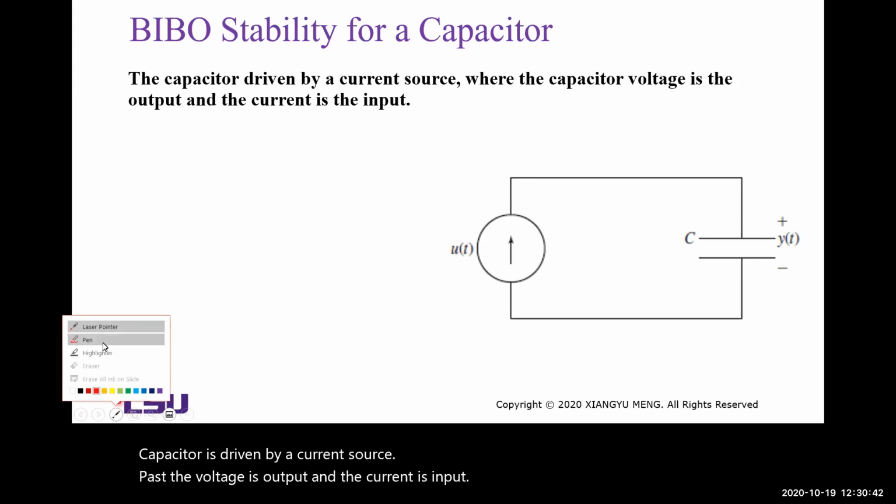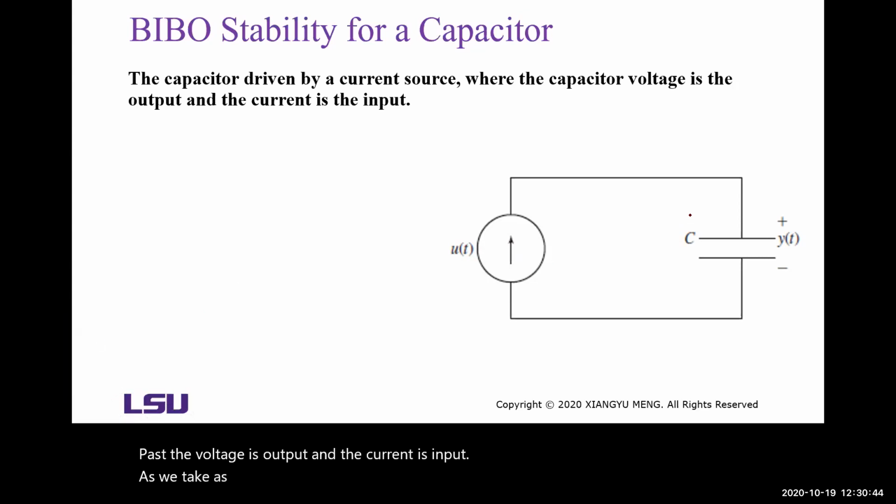As we usually do, let's write the capacitor in impedance form, so it's 1 over Cs. Then we can find the transfer function.